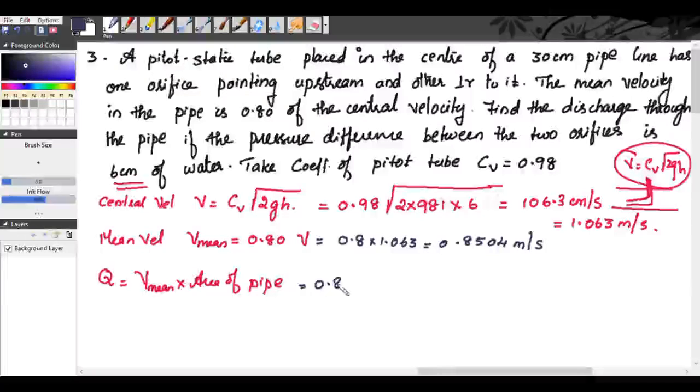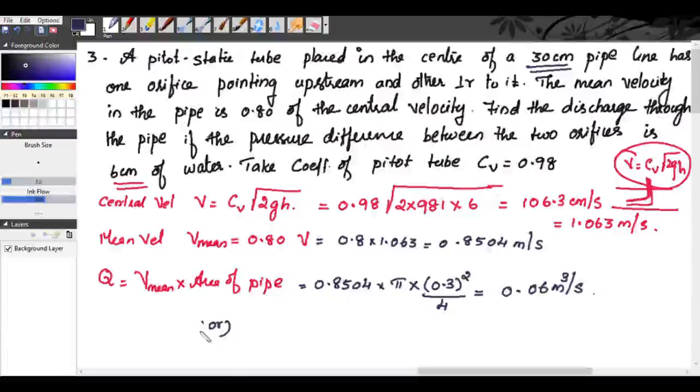So 0.8504 into area of the pipe. It is given the pipe diameter is 30 centimeter. So pi into, see this is in meter per second, right? So we will convert this centimeter to meter. 0.3 square divided by 4. So we get 0.06 meter cube per second.